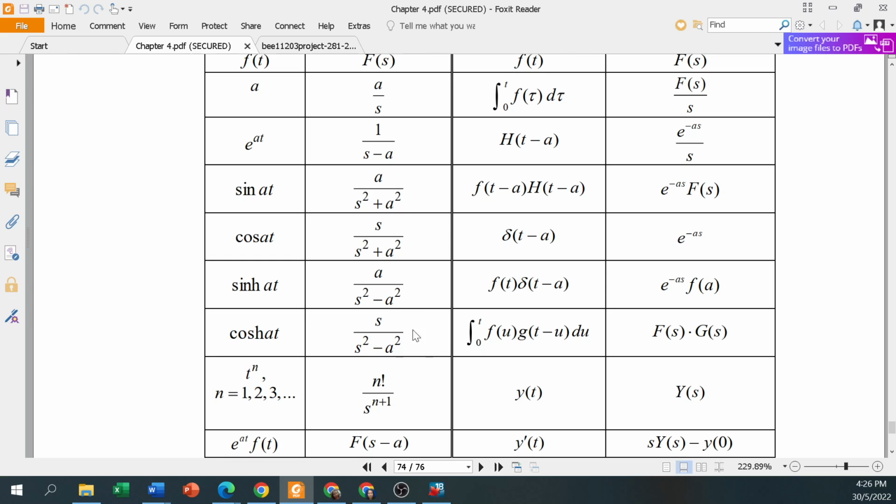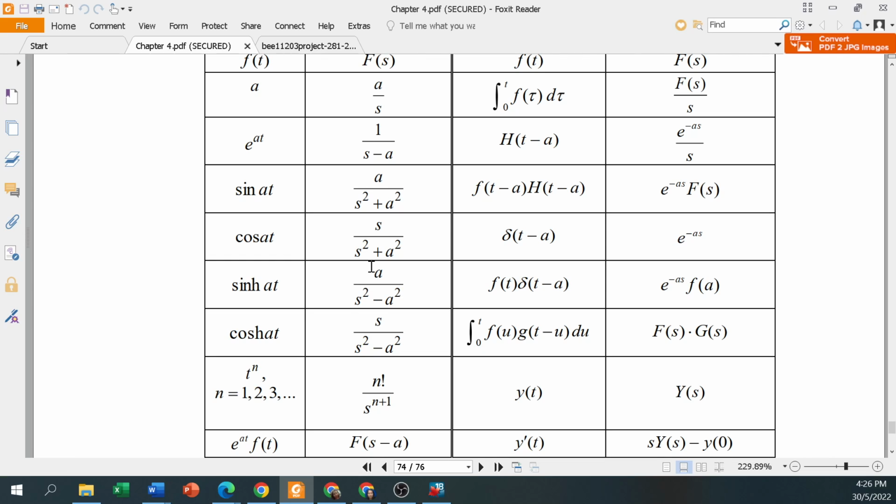F(s) is the Laplace transform. Sinh at, the result is here: a over s squared minus a squared. So now the Laplace transform for sinh 1t, what is the result? 1 over s squared minus 1 squared.